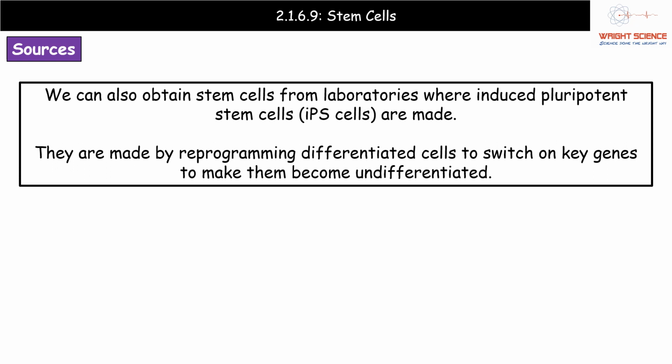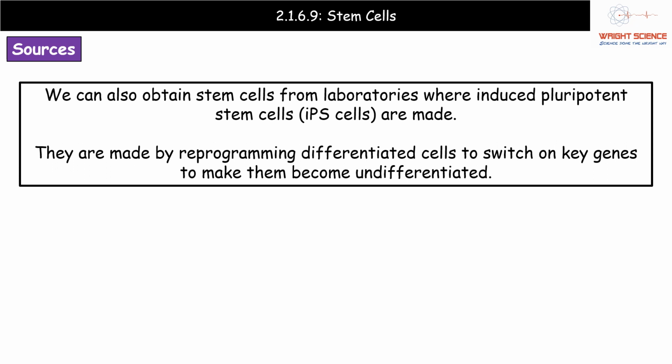What they're doing in these labs is taking differentiated cells and reprogramming them. They're switching on certain genes that are off in that differentiated cell, and by switching that gene back on, they're basically undifferentiating them once more.